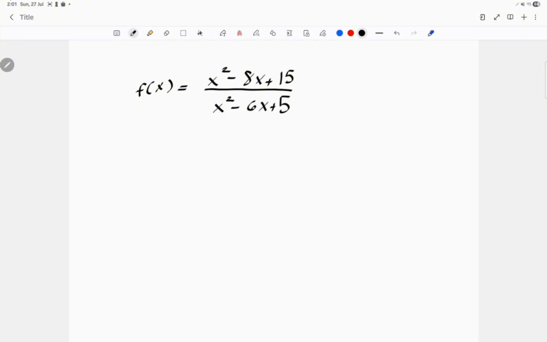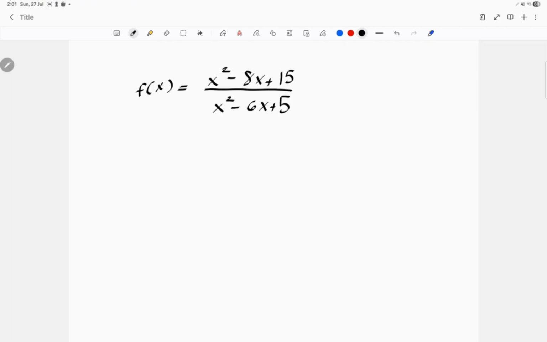I know what you're doing right now. You're finding the limit of x approaching infinity. But we're not asked that here, so we cannot do that. This question comes in the exam, easy points. What do you guys do?